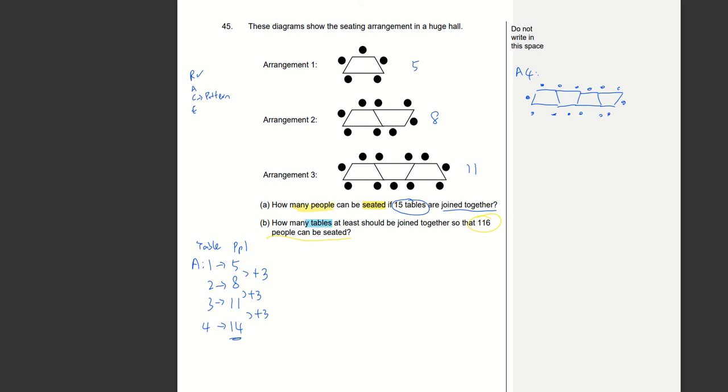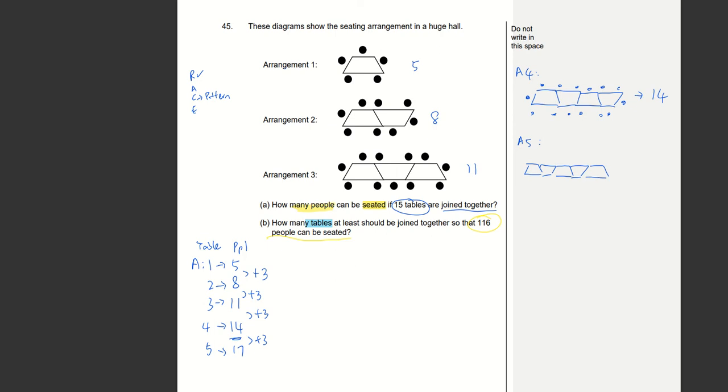And if I go on to the next one, 5 tables, by adding 3, I should get 17. If I were to draw arrangement 5 out, then I'll get 1 table, 2, 3, 4, 5.